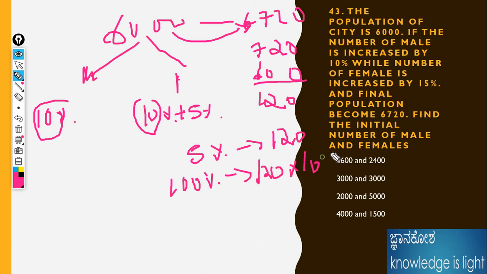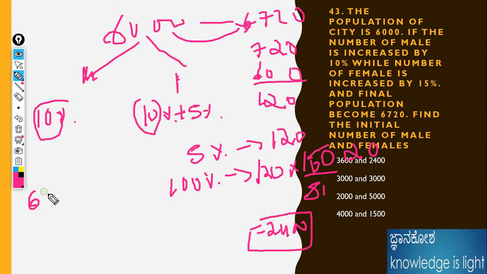Why? Because we need the highest value. That's why 5 on the denominator, 120 times 20, 2,400 is the female. We got the female number here. Therefore remaining 6,000 minus 2,400, male value is coming 3,600.